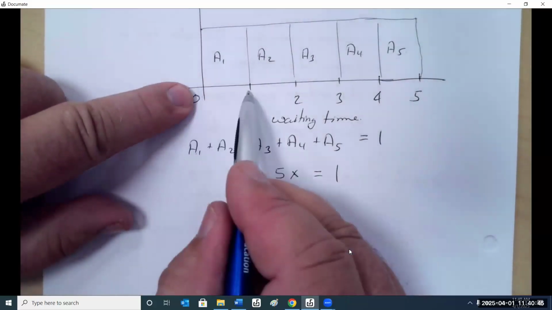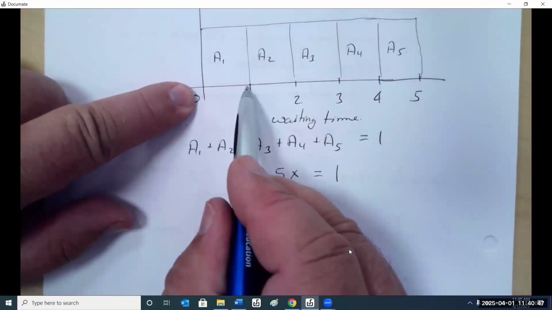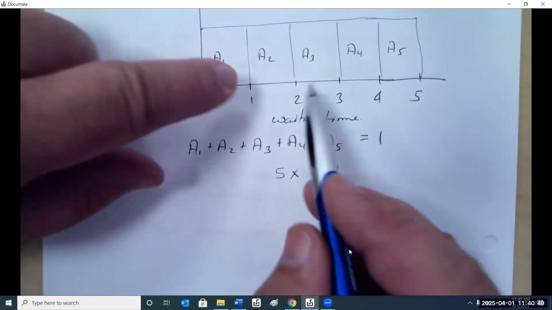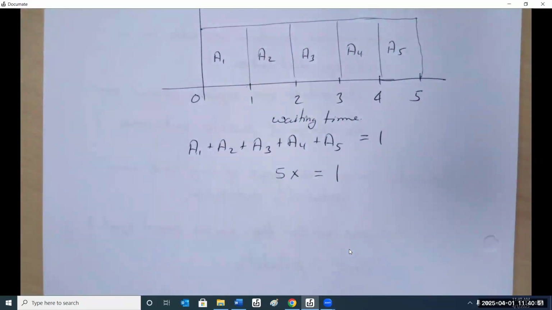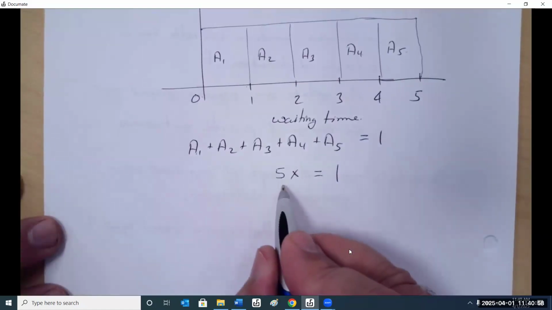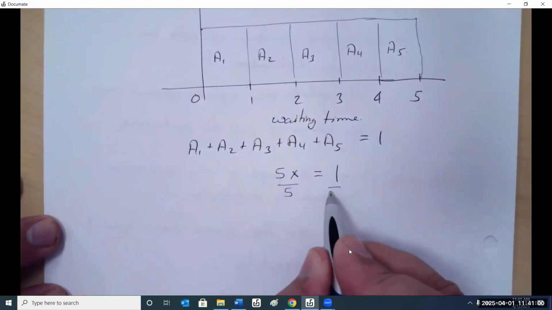Have a wait time of 0, just when you get there. Because from 0 to 1 minute is there, from 1 minute to 2 minutes. Remember, these are discrete, and these are continuous, so it's anytime between there. So what is X? I divide both sides by 5.